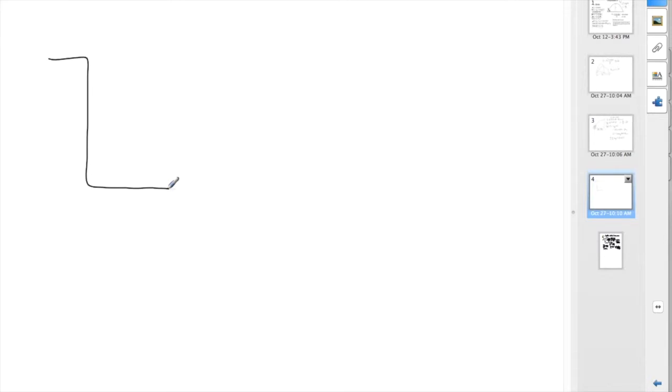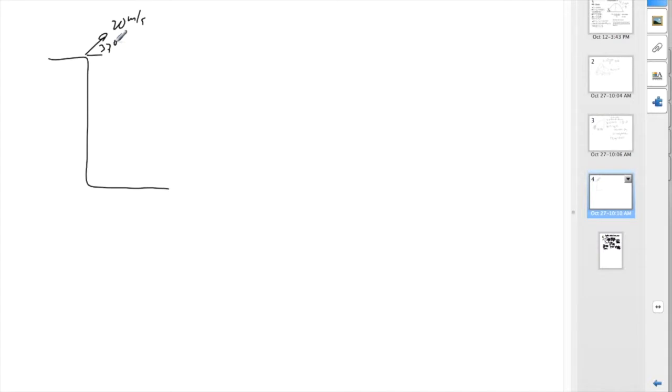Imagine that I launch a ball, velocity 20 meters per second, angle 37 degrees. What's the first step to solving any one of these projectile problems, Carson? Figure out the components. Right, perfect.